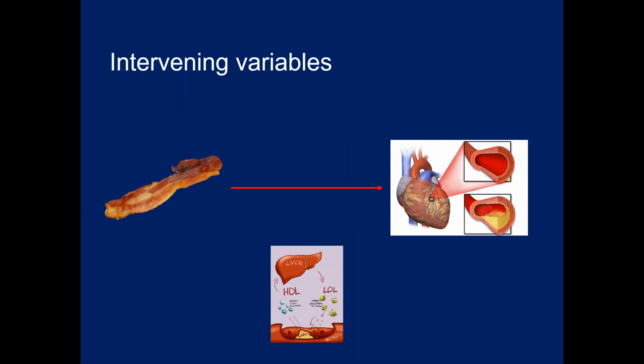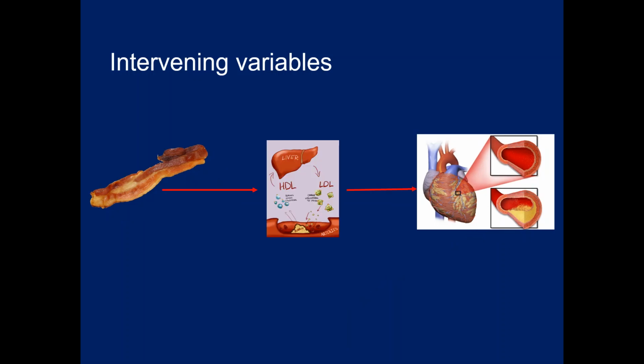The first criterion would be, well, is it a risk factor? And I think we can pretty safely say, based on the literature, that it is in fact a risk factor. But this is where the sticking point comes in, and that is that the effect of dietary fat doesn't work independent of the blood cholesterol levels.